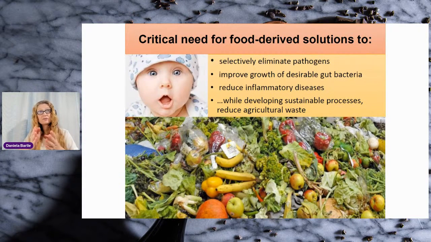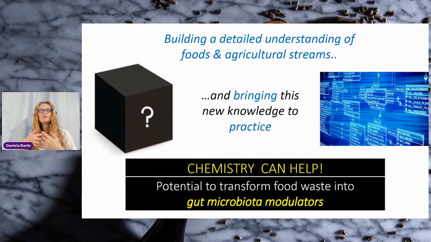We know the molecules now, and we want to find them in other foods that are more available, and especially food streams. So if we can find the oligosaccharides that can eliminate pathogens, improve the growth of desirable bacteria, reduce inflammatory diseases, while keeping in mind that we want to develop sustainable processes and reduce agricultural waste, well, that's our trajectory. So how do we get there?